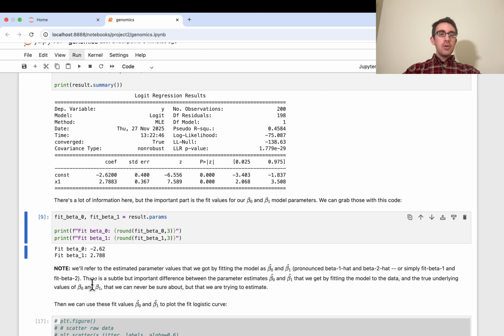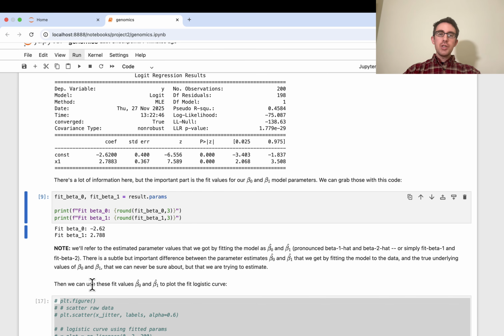As a quick side note, a little note on terminology. We've been talking about these parameters beta 0 and beta 1, and as a general convention, when we talk about actual fit values of beta 0 and beta 1 that we get by fitting a model to data, we use the notation beta 0 hat and beta 1 hat.